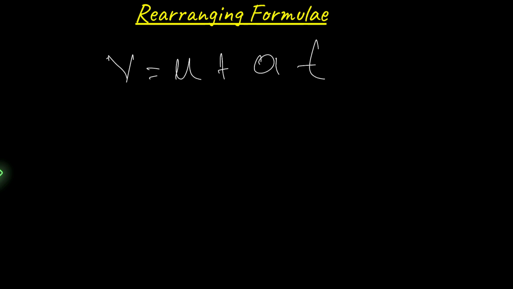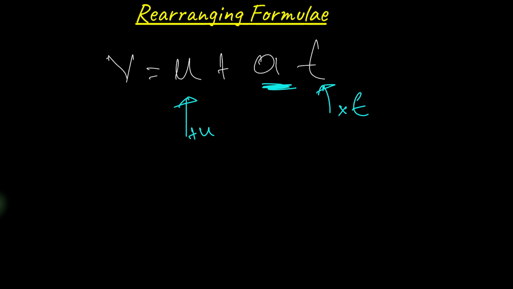But let's say we want to make acceleration the subject. Now you have to look at everything that is happening, all the operations that surround the acceleration, which is A. And you have that plus U, and you have that times T. So you have plus U and times T. So then you will have to do the inverse of those two. And the order in which you do them does matter as well. So it's kind of like the reverse order of BIDMAS.